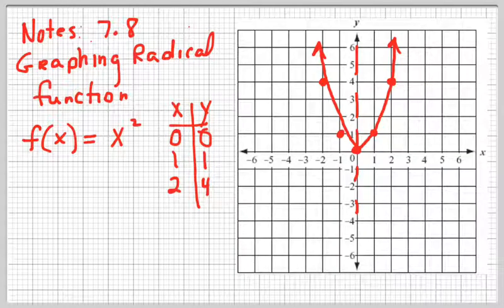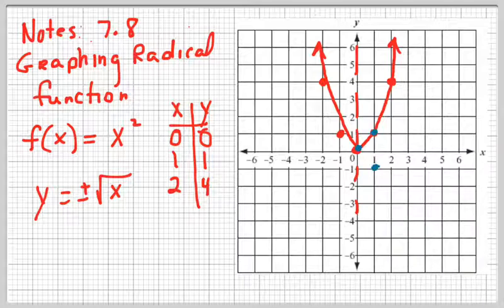Okay. Now the inverse of this would be plus or minus the square root of x, and so that looks as follows. Remember, it just exchanges x and y values.